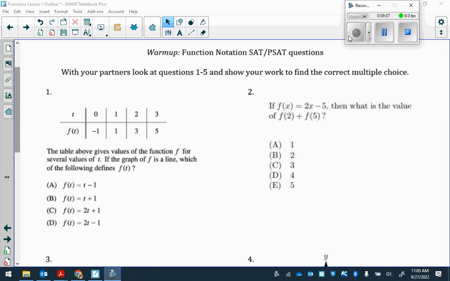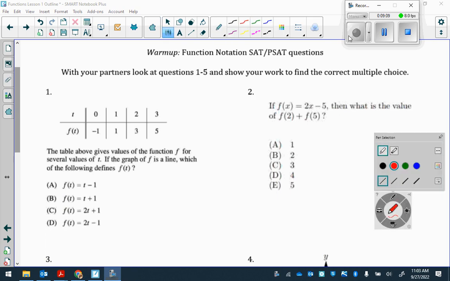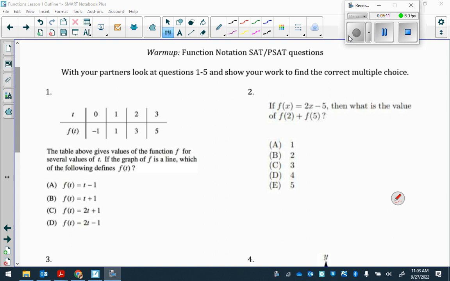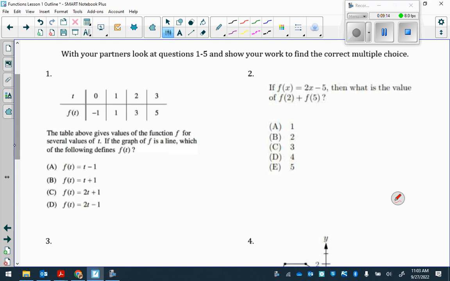D, how do we get it? What are some things you could tell from the chart? Yeah, Mike. Well, it is linear. Good.